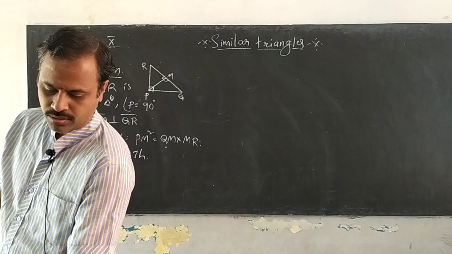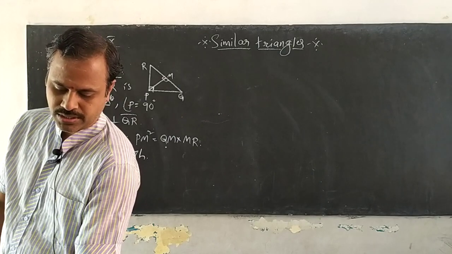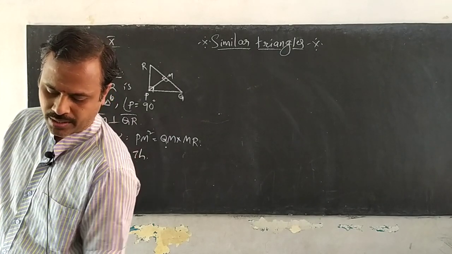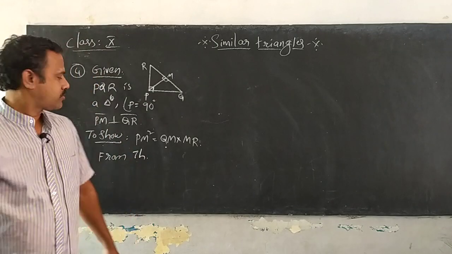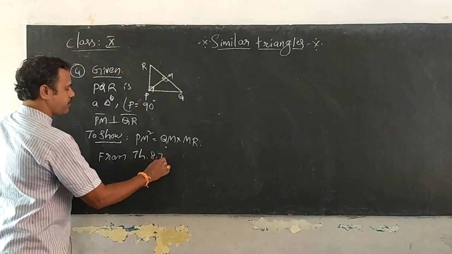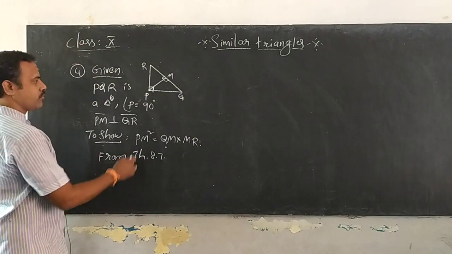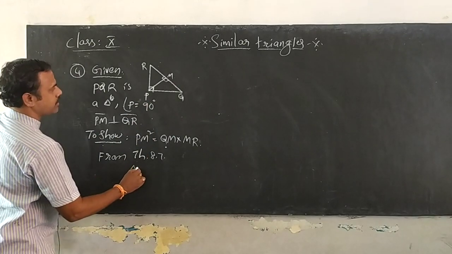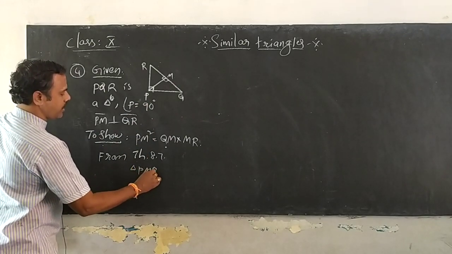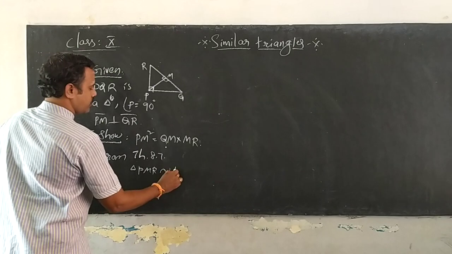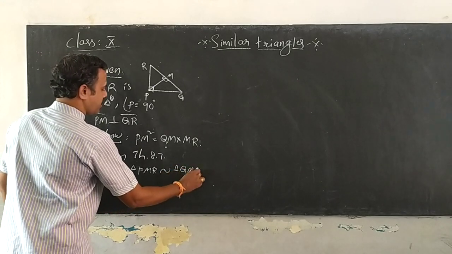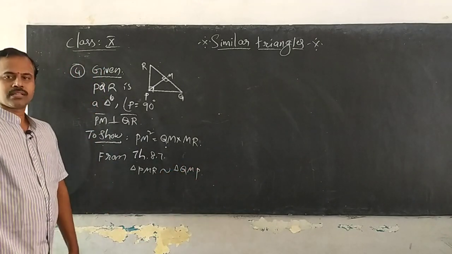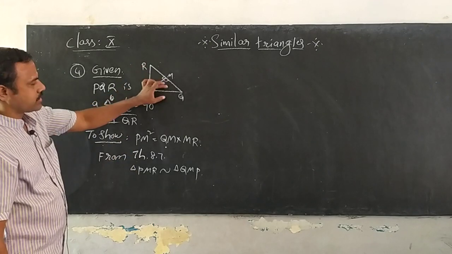Before Pythagoras theorem, we discussed theorem 8.7. So, by theorem 8.7, we can say that triangle PMR is similar to triangle QMP.